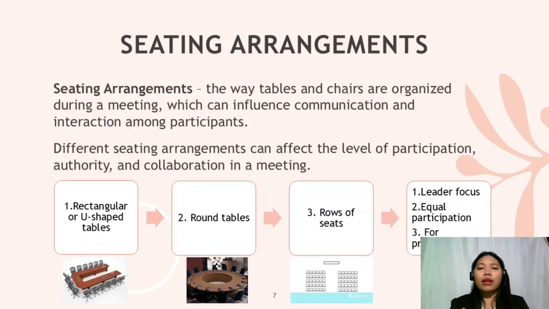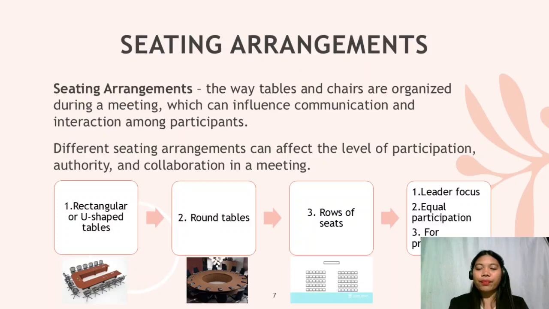Seating arrangements are important because they can influence how people interact during a meeting. The way participants are seated may show authority, equality, or encourage discussion among members.